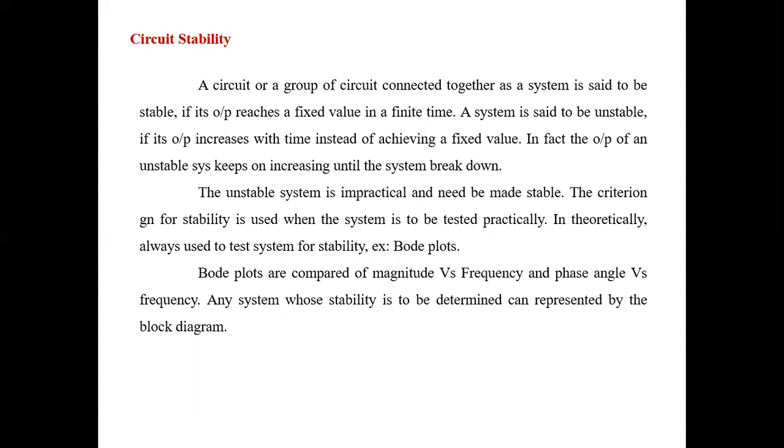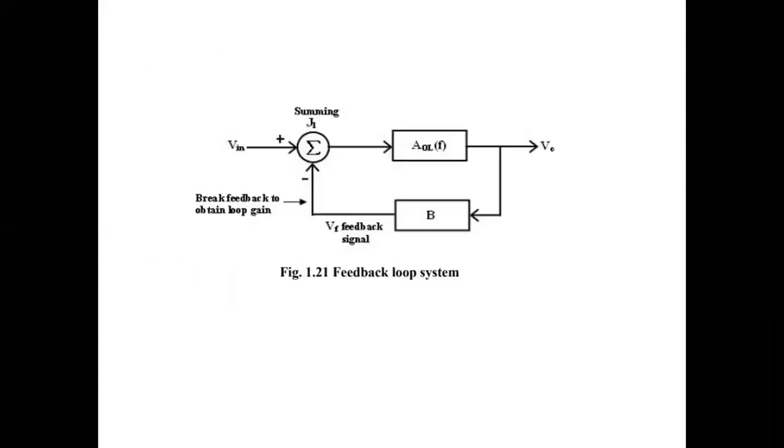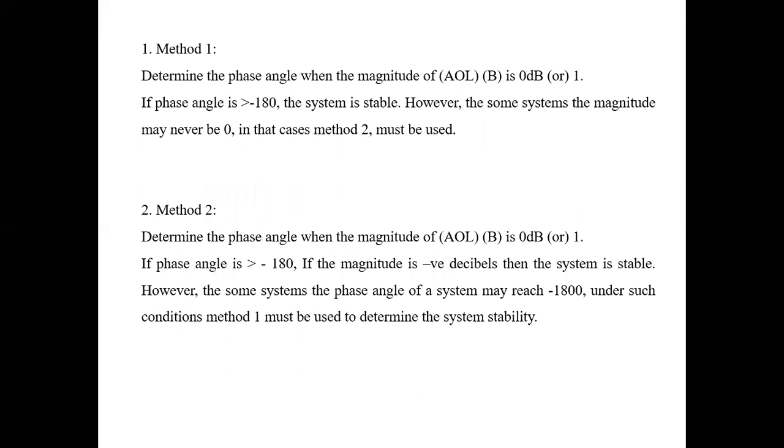That means if the output reaches a particular value in a particular time period, the system settles into a constant state. Then only the system is stable. This is the feedback loop system for stability purposes, with gain AOL.